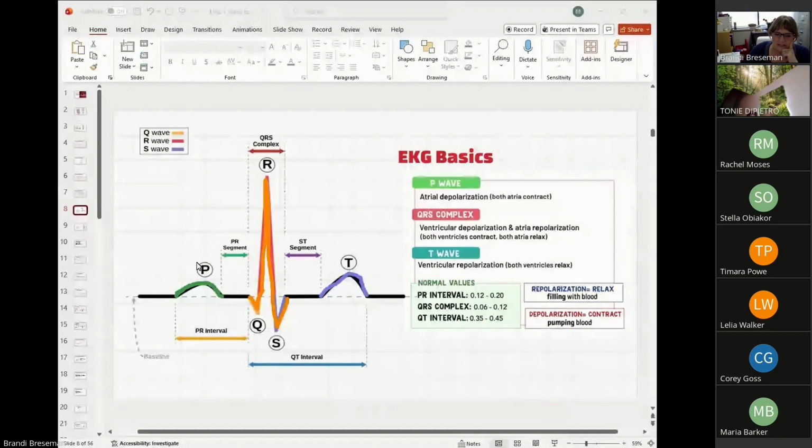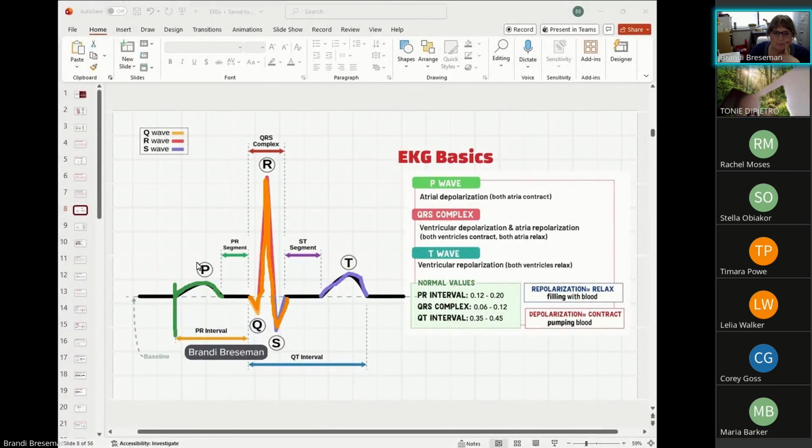Once we identify those, then we're going to start measuring our different areas. The first area we're going to measure is our PR interval. That starts at the beginning of my P wave and ends at the beginning of my Q wave. And so I am going to count the boxes in between these.